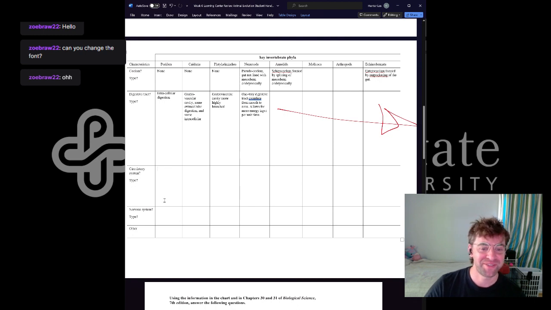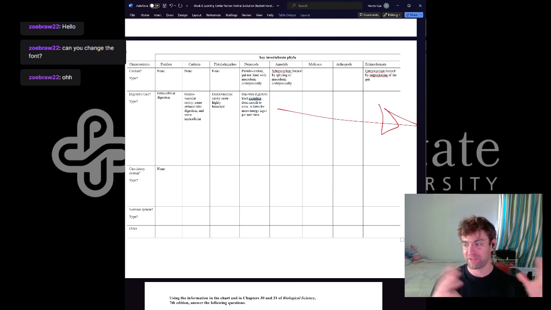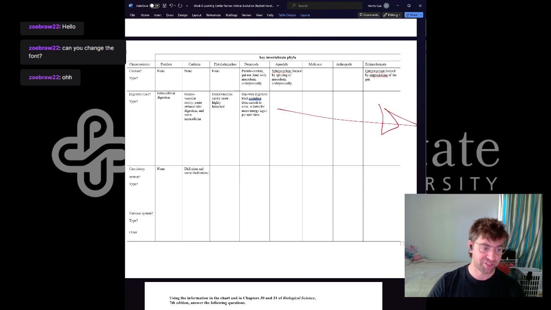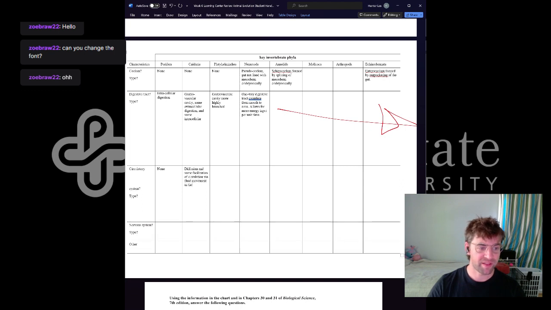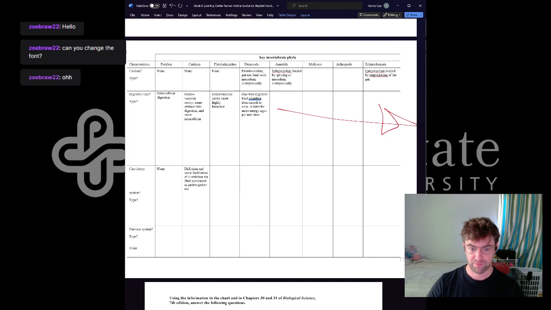Moving on to circulatory systems. None for periphery, so everything is happening through diffusion. Cnidaria, we have mostly diffusion and some facilitation of circulation via fluid movement in that gastrovascular cavity.